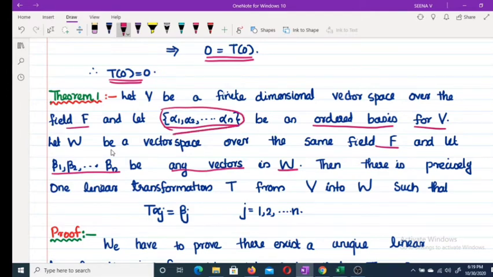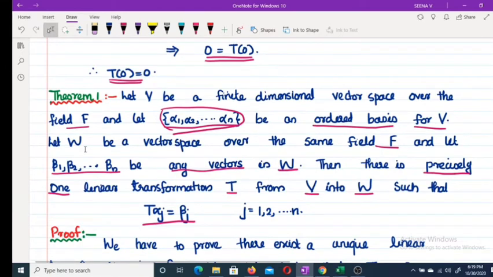Then the theorem says that there is precisely one linear transformation T from V into W such that T alpha j is equal to beta j, j varies from 1 to n. So what we have to prove?